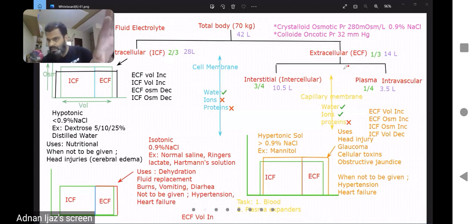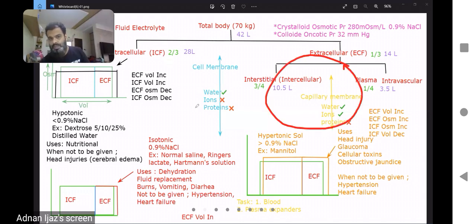Did you get it? So this increased pressure will pull water from the intracellular space towards it, and water will move in this way. What do you say? I need an answer.